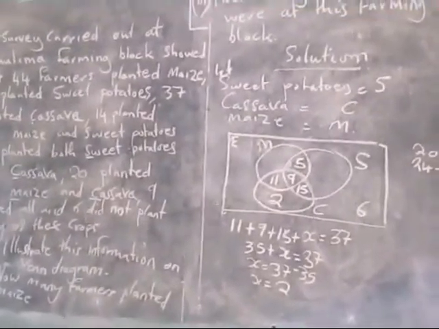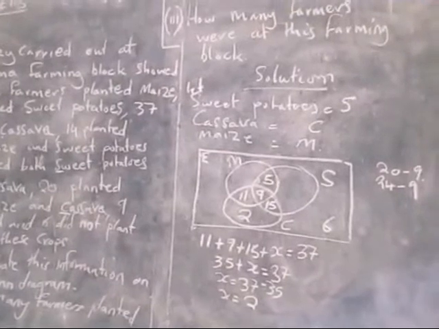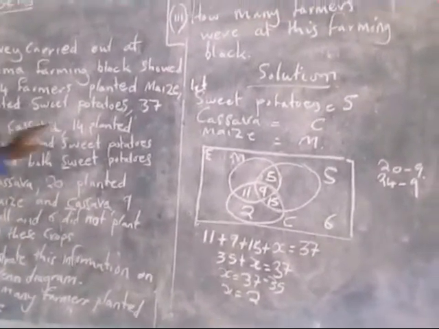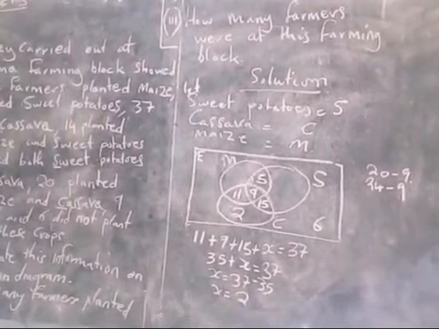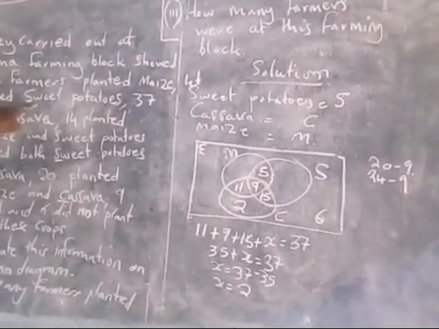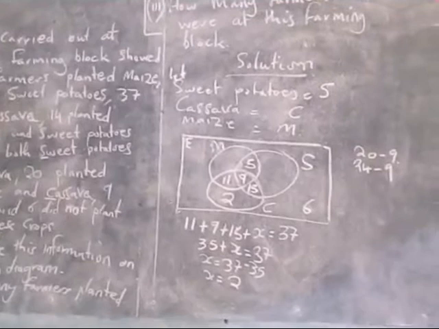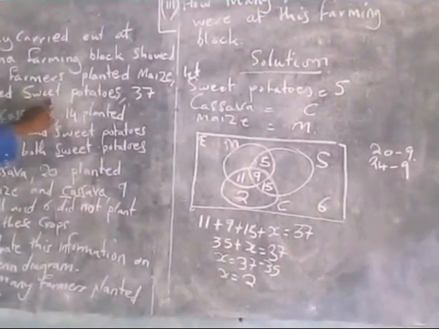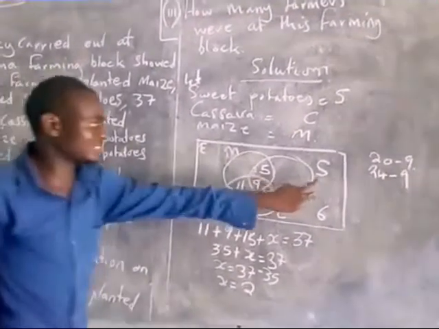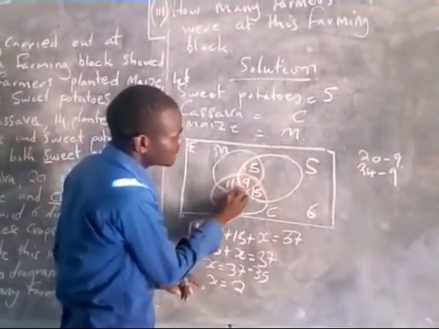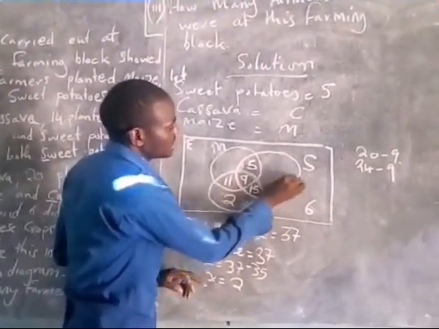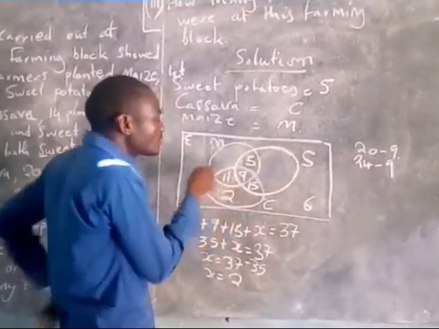So now we go to the next part where it is saying that 32 planted sweet potatoes. 32 planted sweet potatoes. So sweet potatoes, this set is for sweet potatoes, the whole lot of that.